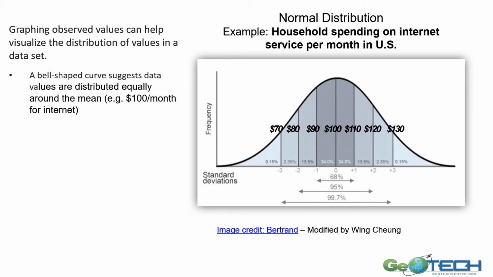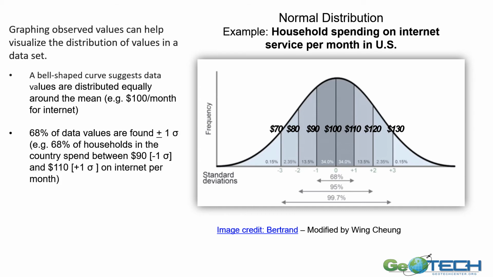We're going to look at another data set. This is household spending on internet services per month in the United States. So sounds like the whole population, right? So it's Greek letter sigma. If I take all of that data and I put it on a graph, I can get a nice standard deviation of frequency versus how much spending per percent of the population.